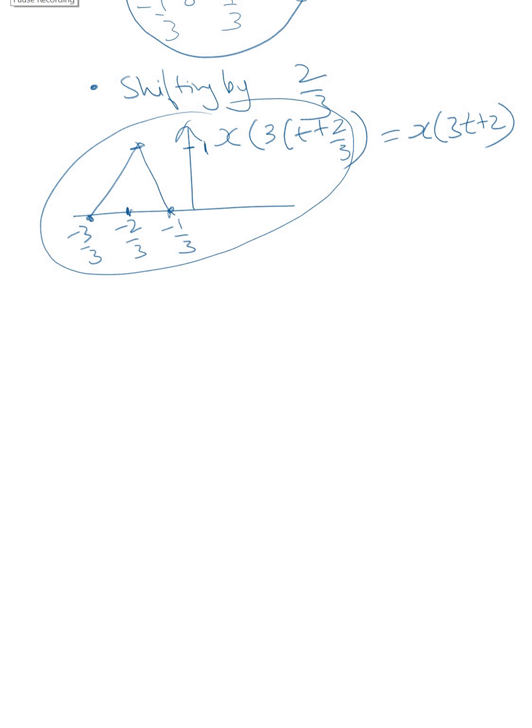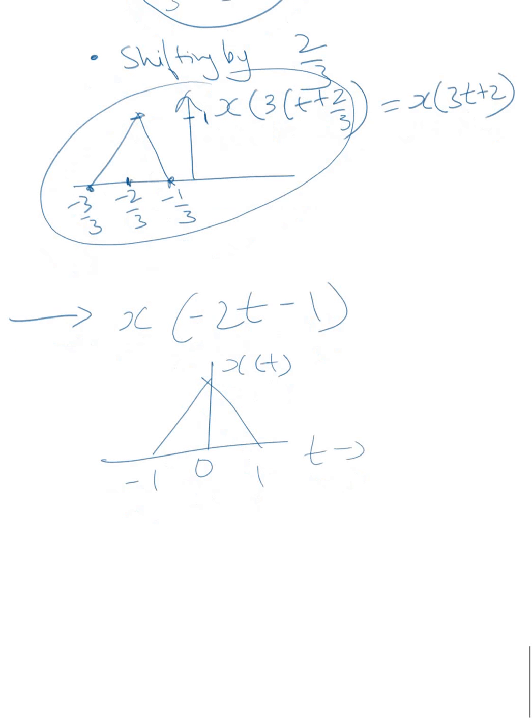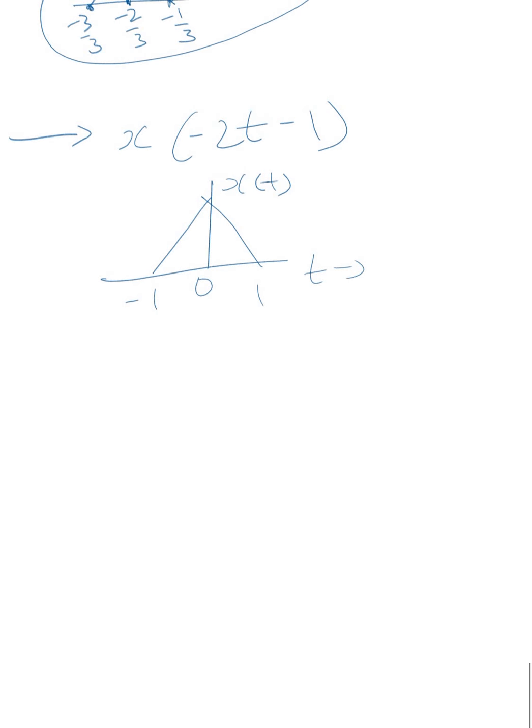Now let us also implement the second scenario, which was x of minus 2t minus 1 over the same signal, that is this minus 1 to 1 x of t. Let us first implement it using the first method.